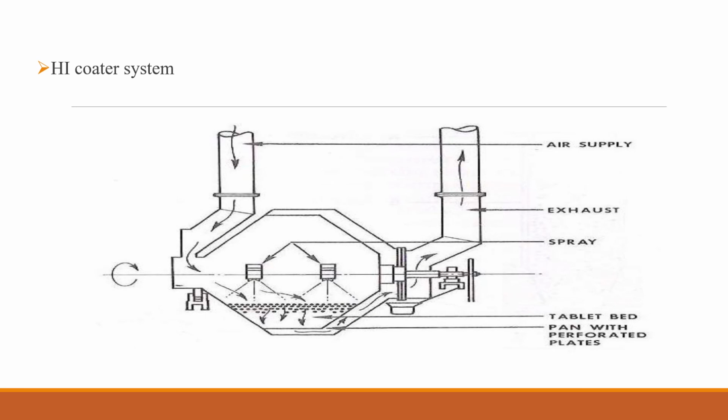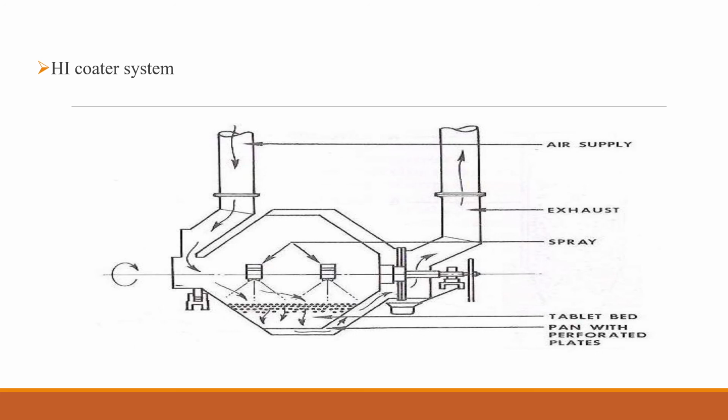Here also you can see the diagram. A tablet bed is there, a pan with perforated plates, blades and plates are there. Again there is some air supply. Then an exhauster is there to evaporate the moisture of the air. And next, a spray gun is also introduced.